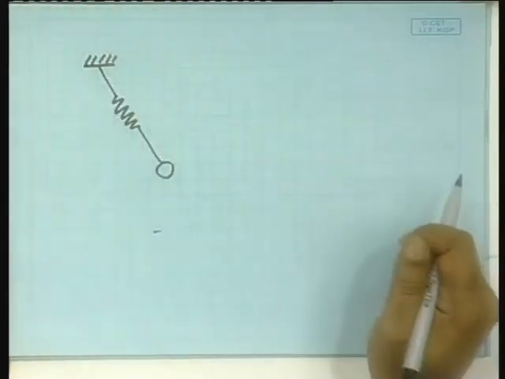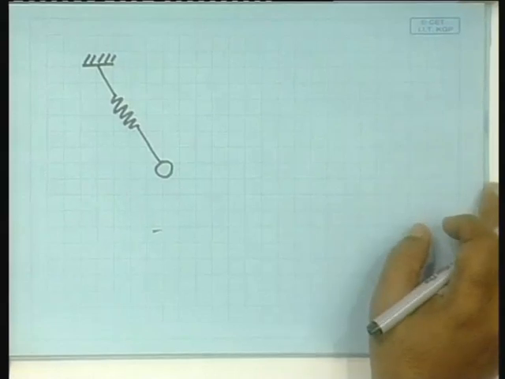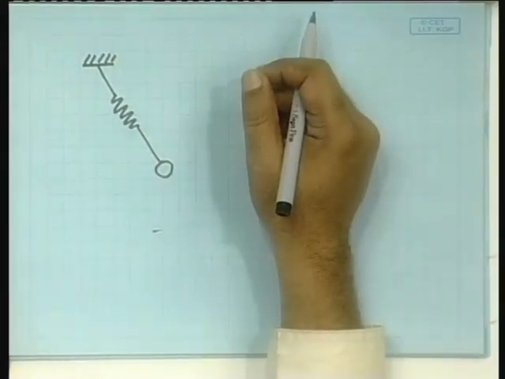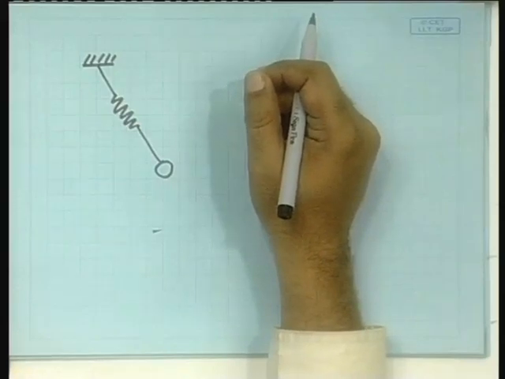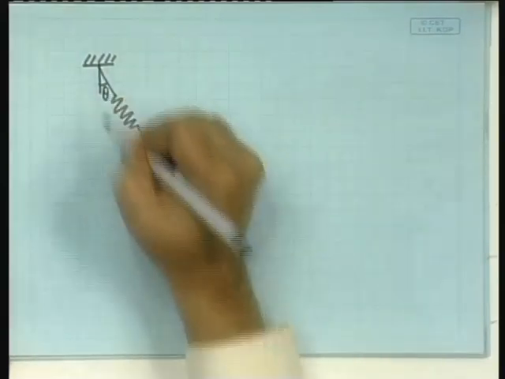There is another degree of freedom in this direction. Now you really have to apply your brain a bit in order to identify the generalized coordinates. Here is your theta.